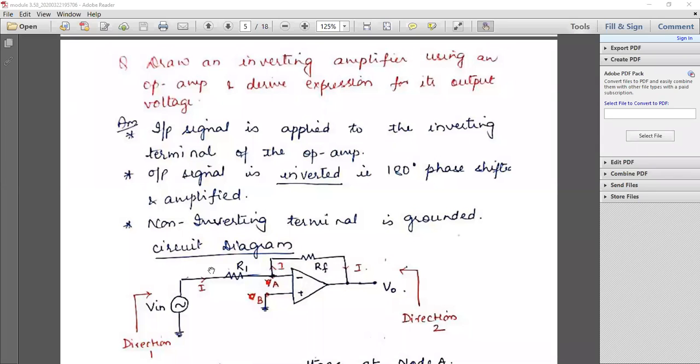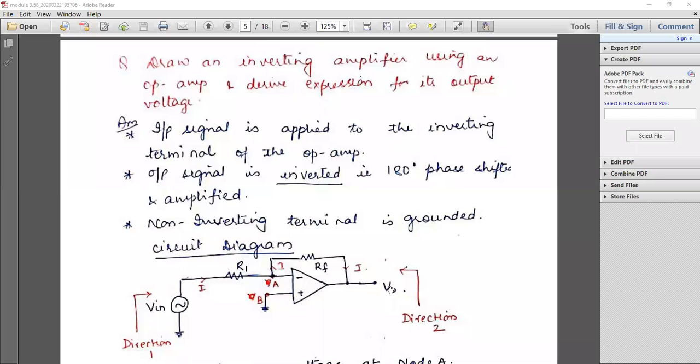Because of this, the input current, labeled as I, cannot enter into the operational amplifier. Since the high input impedance is blocking it, the current will find a way through which it can pass. That is the path RF. Through the feedback path, it reaches the output terminal, that is V0.